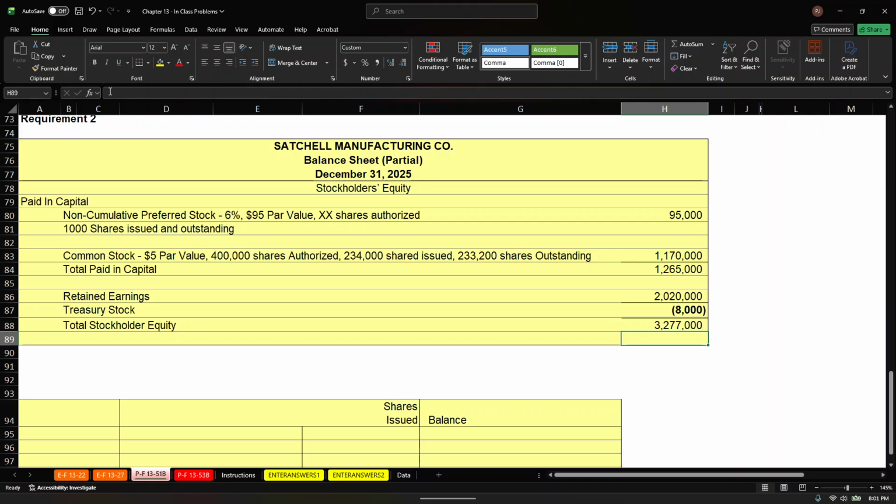If you did the stock split before a stock dividend versus after, it will change the share count. So all this stuff you're going to have to be tracking in order to properly populate all this information. Okay, so there are videos you can watch. I'll try to post this one too, but there are other videos you can watch to refresh yourself as you're doing the homework. Okay, good luck.